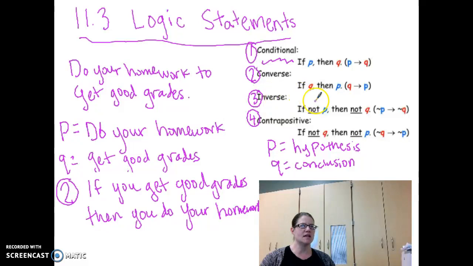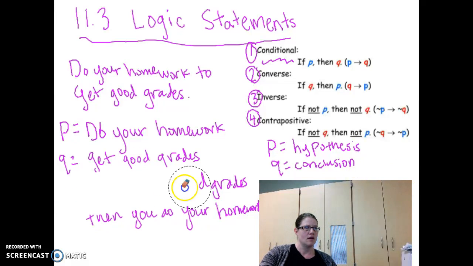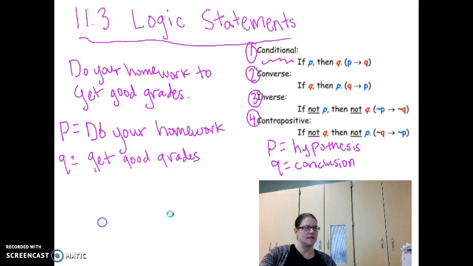So what the inverse does is it keeps P and Q in the same order as the conditional, but it negates both P and Q. So it's basically the opposite of P. If the opposite of P happens, then the opposite of Q happens. So let's write the inverse of this statement.